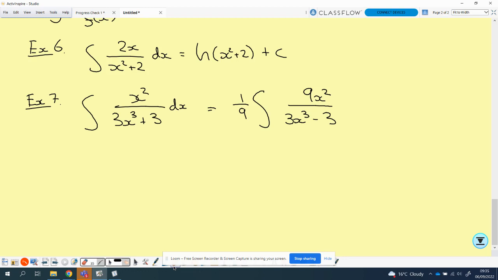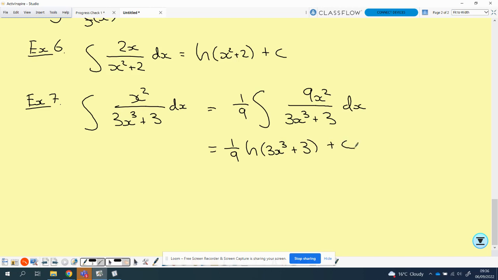Yep, it should be plus. Sorry, it should be plus. Thank you. Yeah, so do you see how I've made it the same question still? I've just times the top basically by 9, so I've got 9x squared, and I've also taken a ninth of it all, so that I'm cancelling that 9 out, but I'm keeping a ninth out so that I've got this property here. So therefore, I get a ninth. Okay, so if I integrate this, I get log 3x cubed plus c.